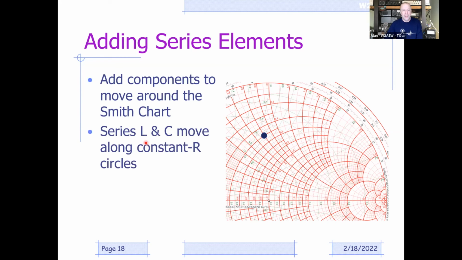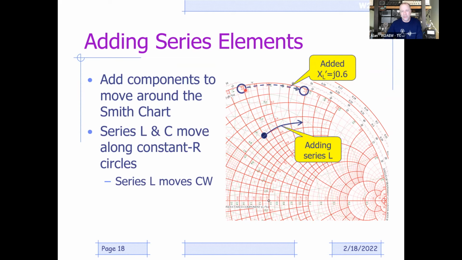Adding series inductors or series capacitors, meaning an inductor or capacitor in series with your load, is going to move us along the constant resistance circles like this. If we add a series inductor, it moves us clockwise along those constant resistance circles, by an amount that you can compute here.